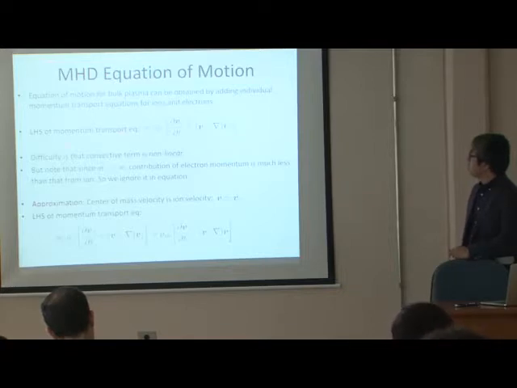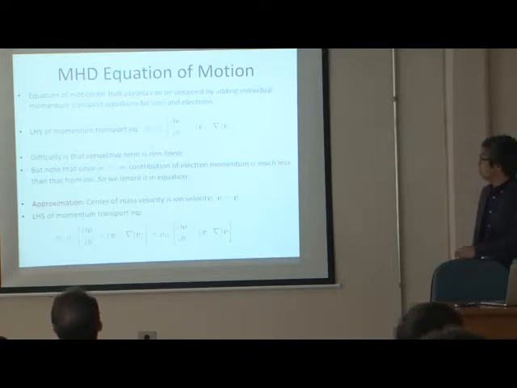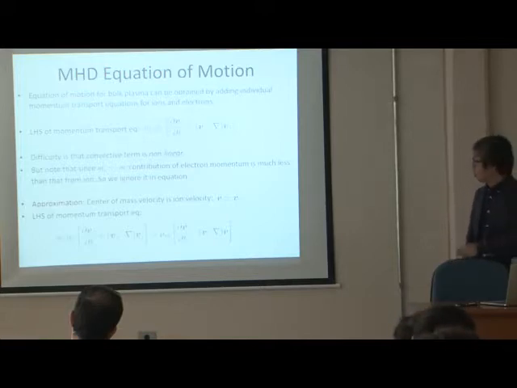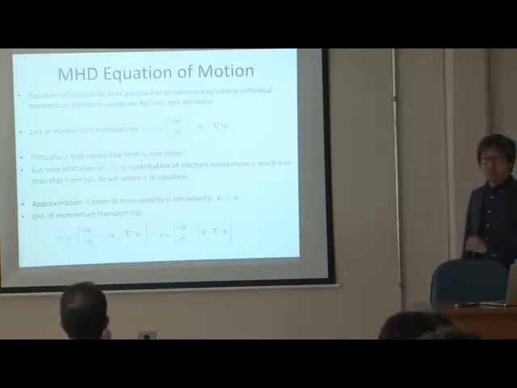This is difficult: it is a convective term, and it is non-linear. But we note that since the electron mass is much smaller than the ion mass, the contribution to the momentum from the electrons is much less than from the ions, so we ignore it in the equation and think only about the ions.